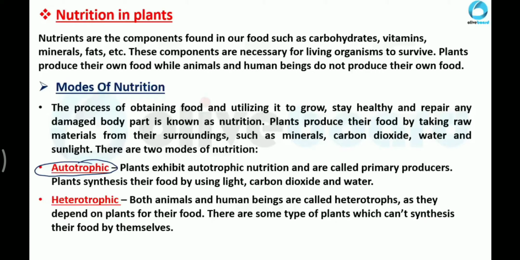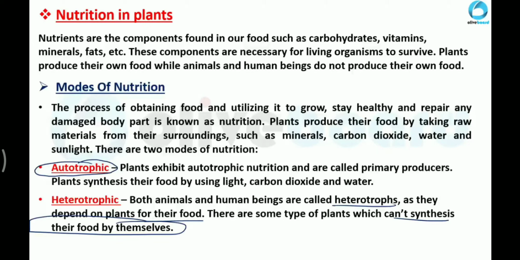Now what are heterotrophic? Those who depend on plants or other food materials to fulfill their requirements. Both animals and human beings are called heterotrophs, as they depend on plants for their food. There are also some types of plants which can't synthesize their food by themselves, and such plants are known as heterotrophic plants.